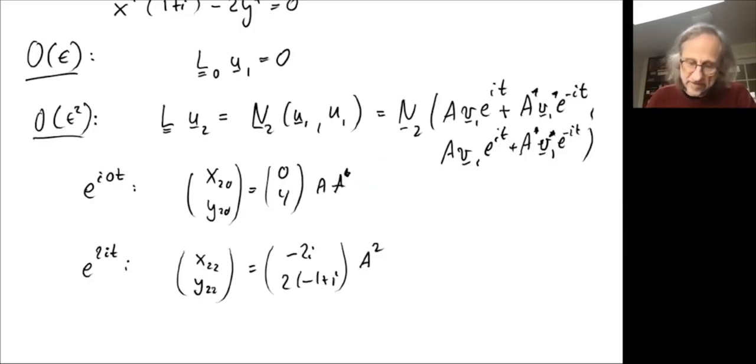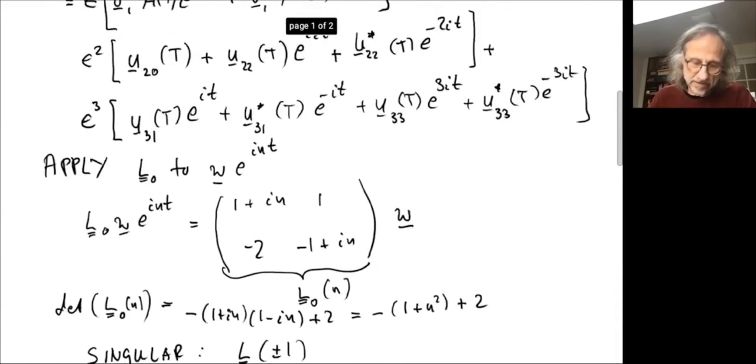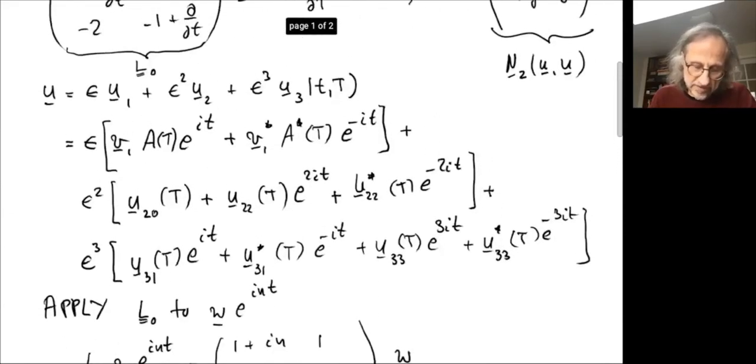Why did I expect that? Because the way we expand this whole thing is that we say the leading order has an e to the it term, which I multiply with a, whereas the e to the minus it term is multiplied with a star. So whenever I have an e to the it, there's an a with it. Or the other way around, an a represents actually a term e to the it.